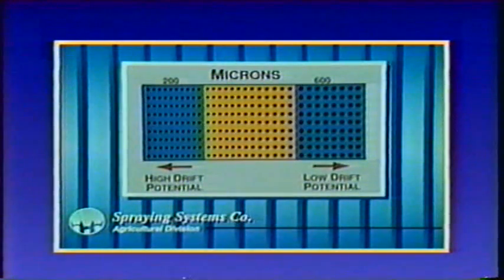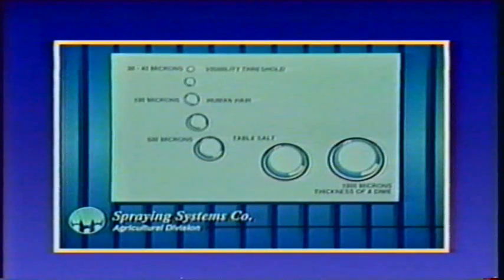Generally, most droplets from a conventional nozzle will fall between 200 and 600 microns, depending on the spray pressure. Fine droplets of less than 100 microns, or about the diameter of a human hair, drift easily. For best drift control, aim for spray patterns with as many as 300 to 600 micron diameter droplets as possible.